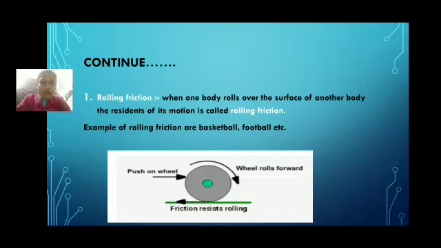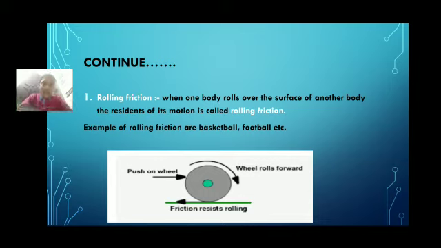Suppose you have a ball, and this notebook is the ground. Your ball moves over the ground and suddenly it stops. Why did it stop? I had not stopped it, and I had not done any magic trick. It stopped because of friction, because the surface of the ground and the surface of the ball attract each other.